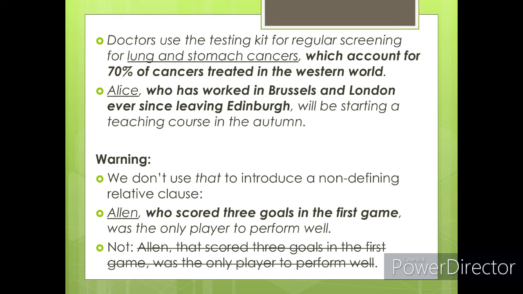Doctors use the testing kit for regular screening for lung and stomach cancers, which account for 70% of cancers treated in the Western world. Alice, who has worked in Brussels and London ever since leaving Edinburgh, will be starting a teaching course in the autumn.